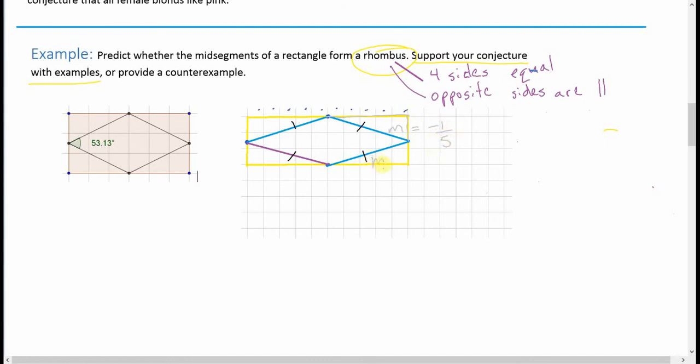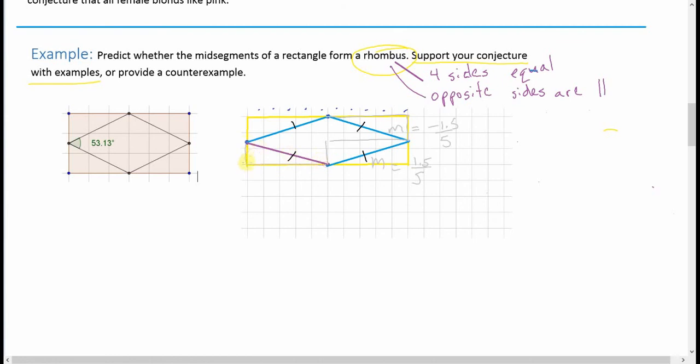And the slope of this one is up 1.5 and over 5. Okay, let's do the slope of this piece here.